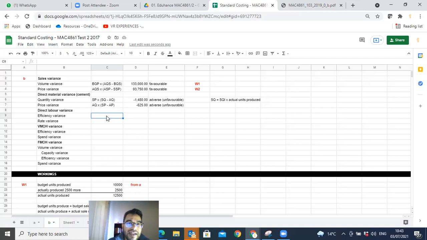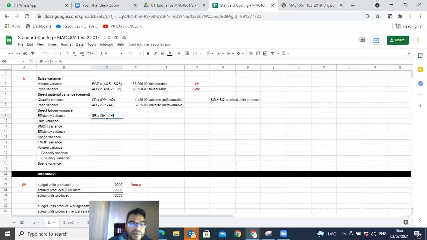The price, the rate. Which rate? The standard rate. So it's going to be standard rate multiplied by standard hours minus actual hours.